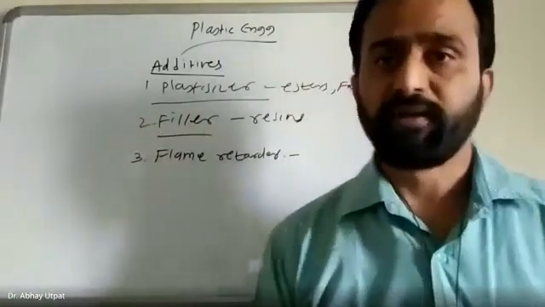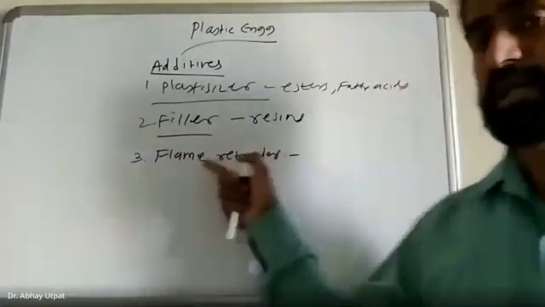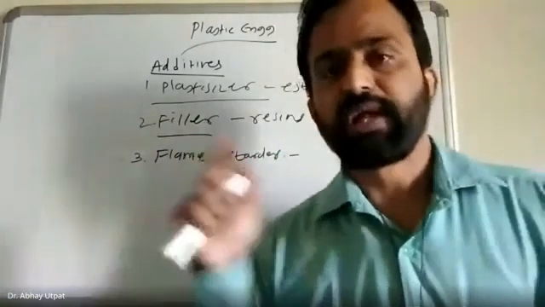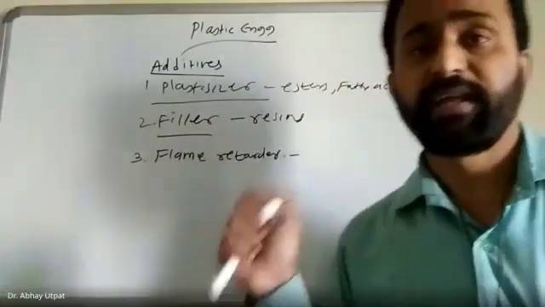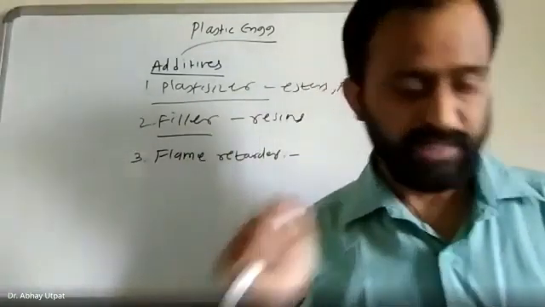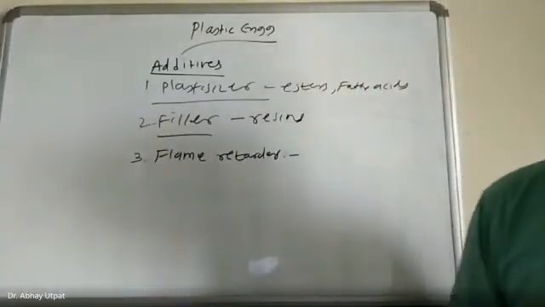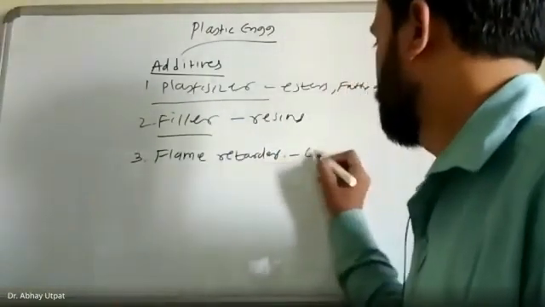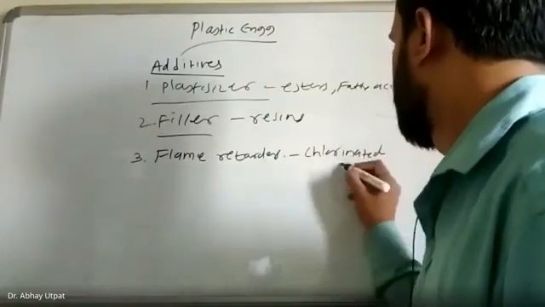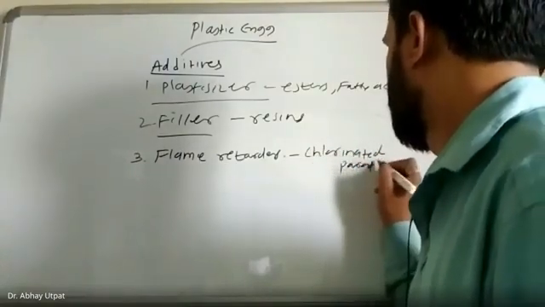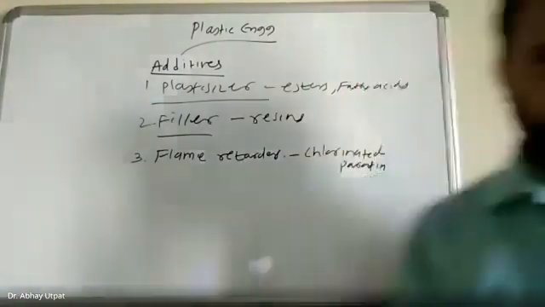So flame retarders are the elements which are added in the plastic for avoiding catching of flame in the plastic. Chlorinated paraffin. You have to remember this.